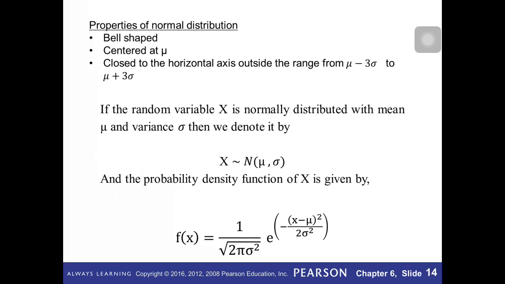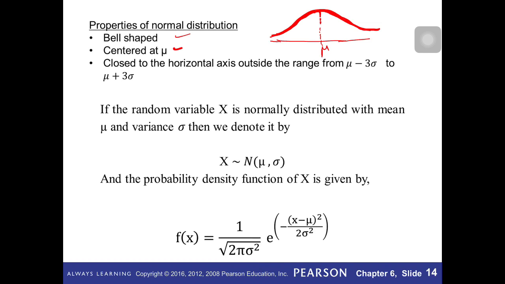This normal distribution is bell shaped. It has a bell shape, so we call it a bell-shaped curve. It is centered at mu, my mean. The curve gets close to the horizontal axis outside the range from mu.